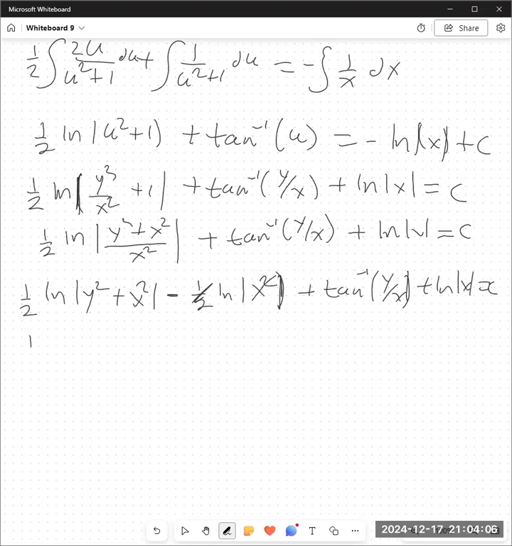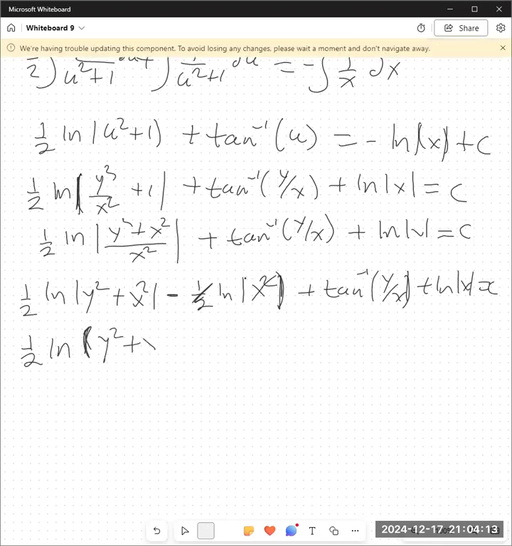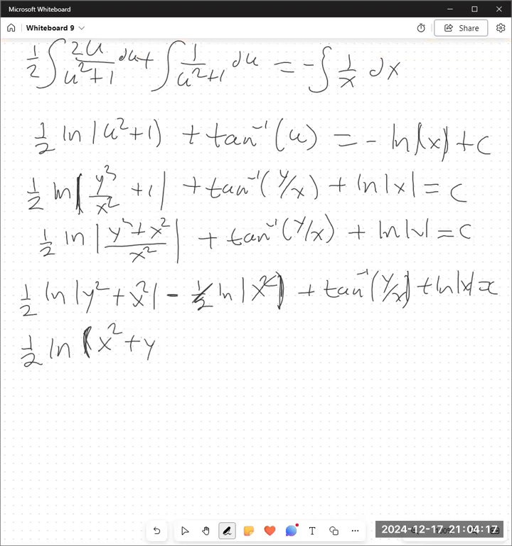So we have 1/2 ln of, and these are both squared, so I don't need absolute value bars anymore because they're always going to be positive, minus ln of the absolute value of x plus arctangent y over x plus ln of the absolute value of x equals c.